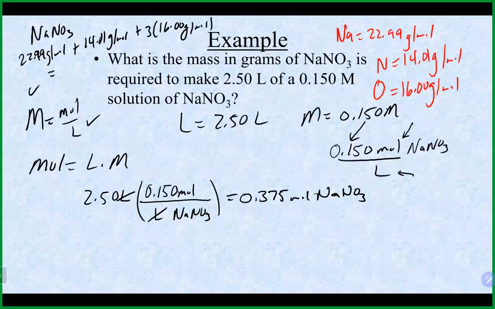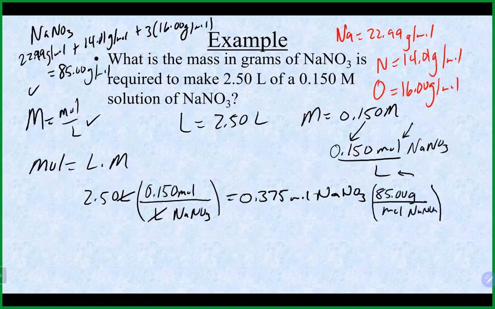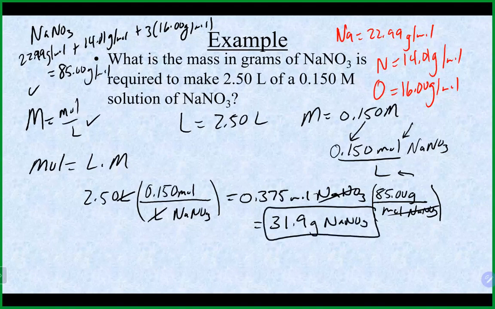That's going to give us about 85 grams per mole. So we'll use the molar mass from the periodic table to do our conversion, so that we know how much to weigh out. That's going to be 85 grams on top, moles on the bottom so that they cancel. If we do that, we end up with about 31.9 grams of sodium nitrate needed to be weighed out.